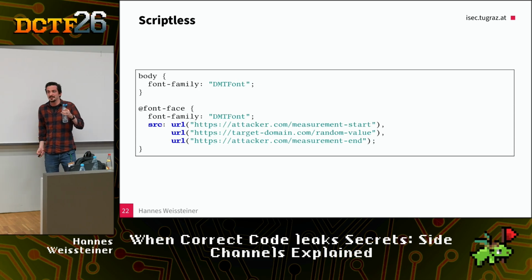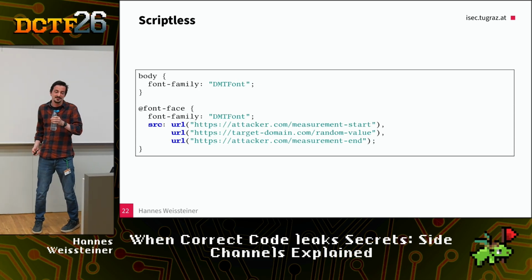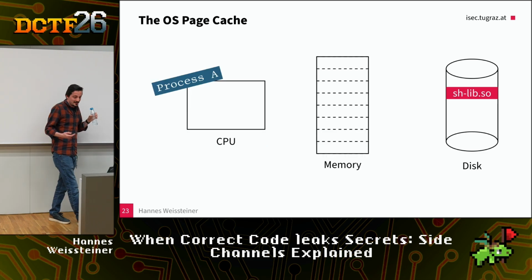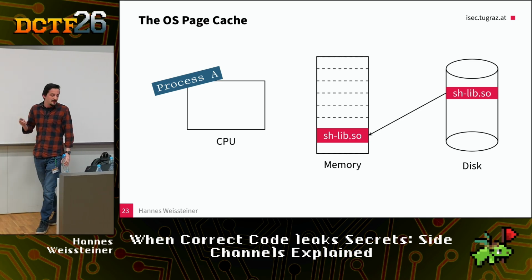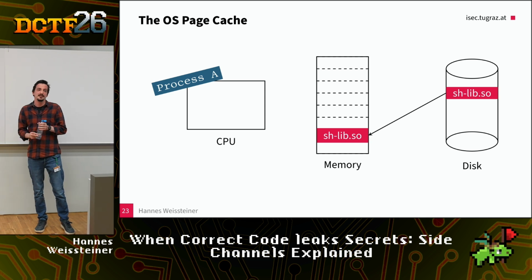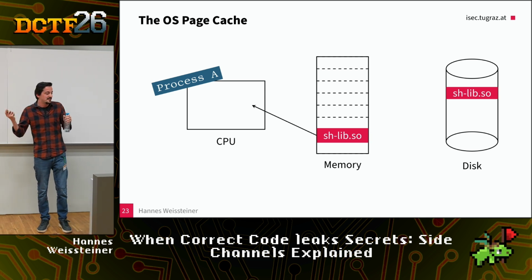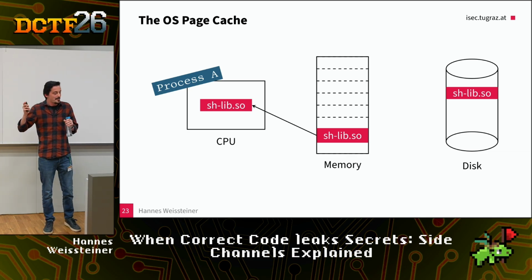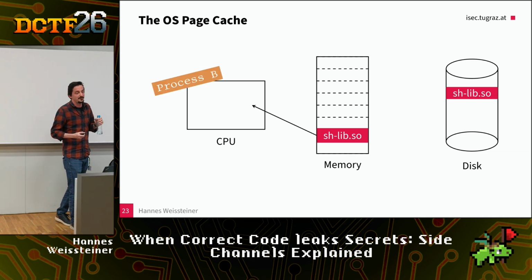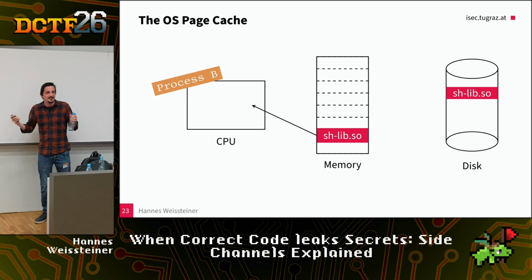Similarly, another software cache that every one of you has on their system is the OS page cache, which is used to load stuff from the disk into memory. So when process A needs this shared library, it gets loaded into memory once. Process B just gets it from memory again, which is again faster. You get the gist now.